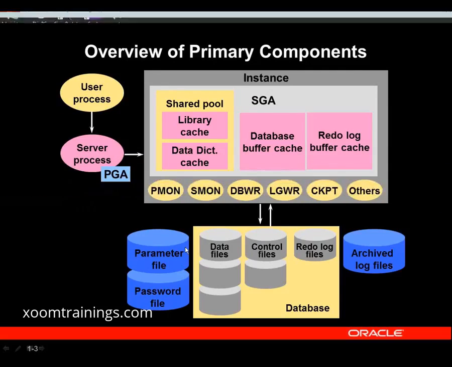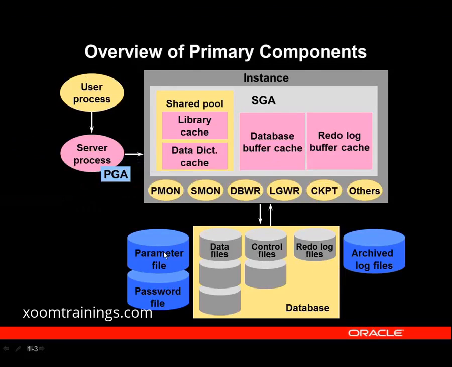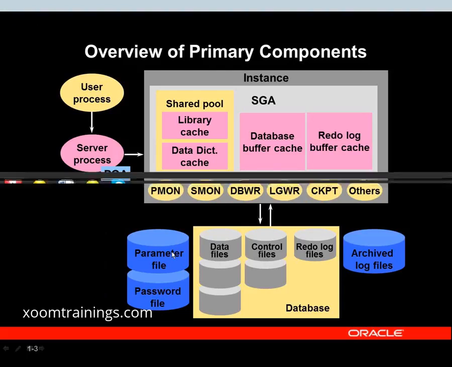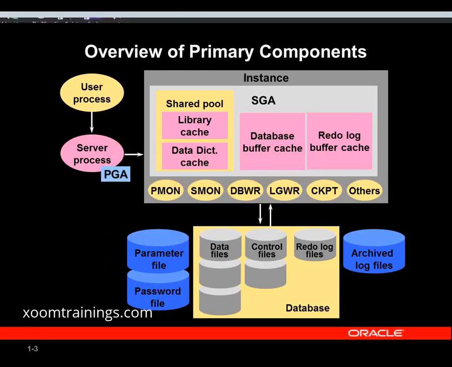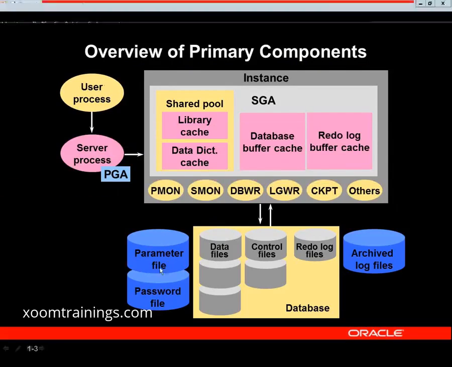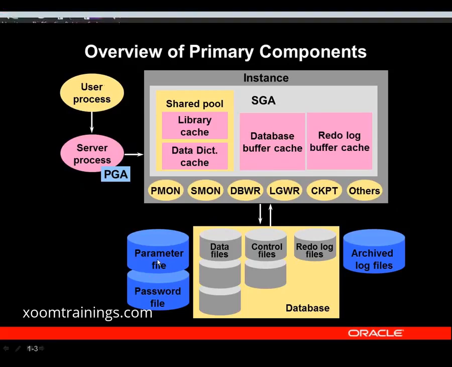There are other files like the parameter file, password file, and archive log file. The parameter files are configuration files required to configure memory structures, which can be configured dynamically or statically before starting the database. There are two types: the initialization file, which is a text file, and the server parameter file.